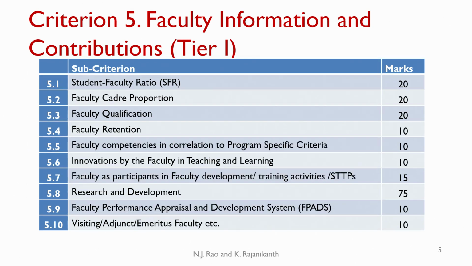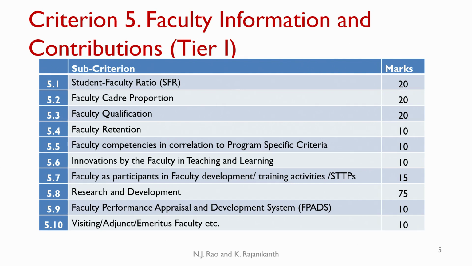Whereas, when you look at Tier 1 institution, many of them are the same or similar to what were offered in Tier 2, but you have one extra criterion. Now, you have 10 sub criteria.